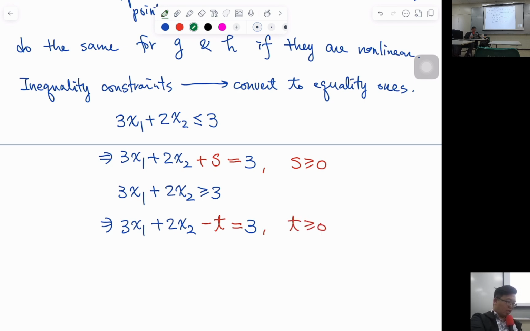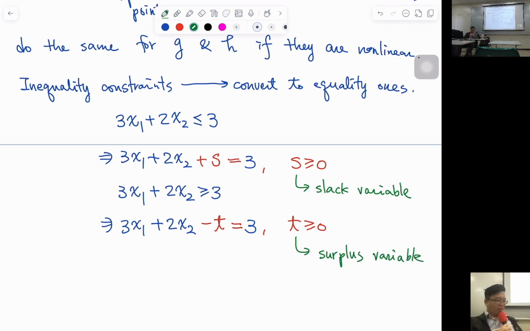So what are s and t? S is the so-called slack variable, and t is called the surplus variable. Why is the surplus variable using t? Because s is already being used. That's why I use a different symbol. It doesn't matter, it's just a symbol. So what's a slack variable?